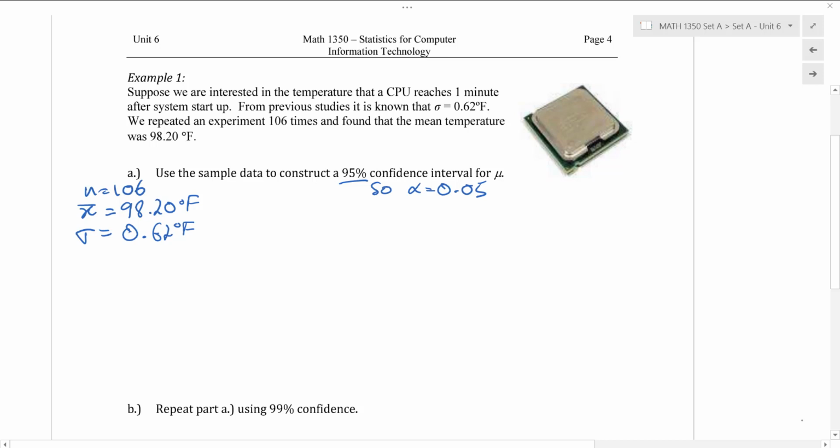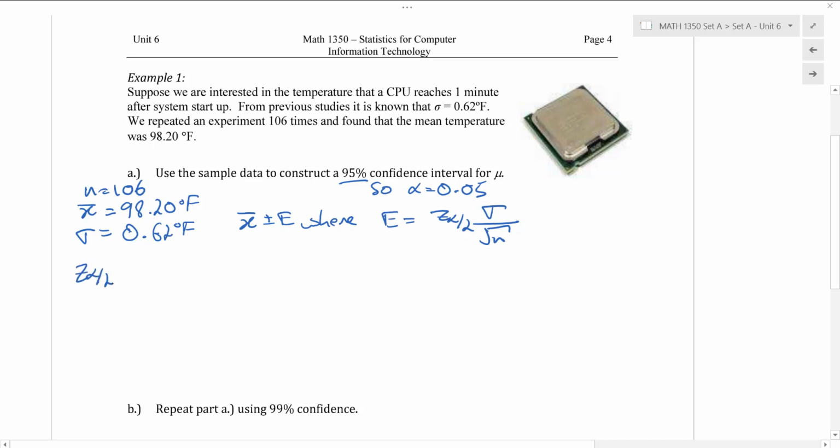So let's go ahead and try to find our E. We'd like to write the mu as x bar plus or minus E, where our error is given using the z alpha over 2, sigma, and root n. Now we have sigma. Happily, we have n. It was our experiment, so we know how many are in the sample. We need to find this z alpha over 2.